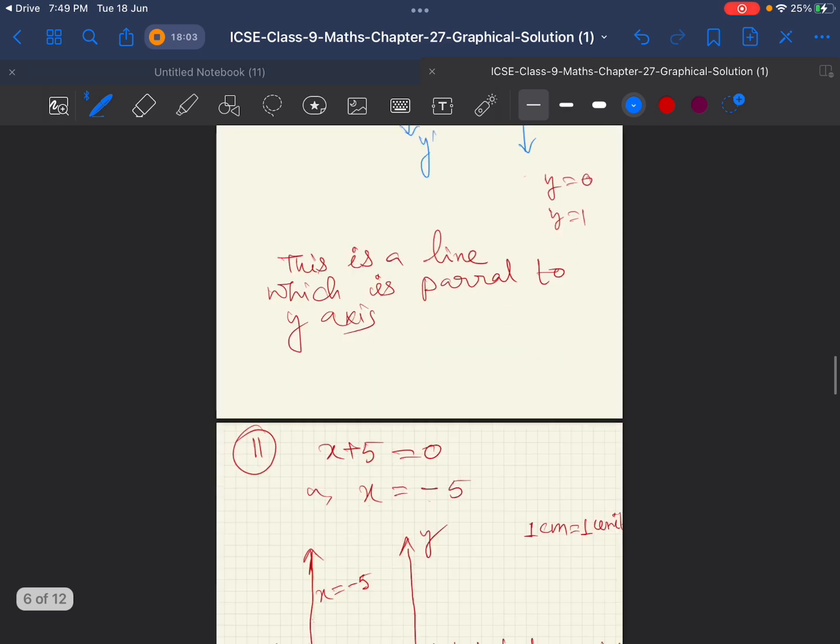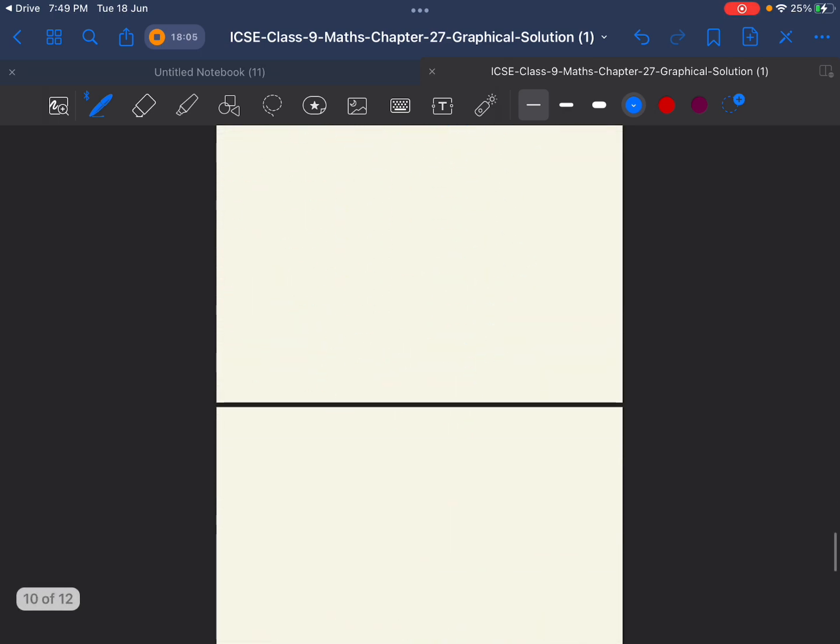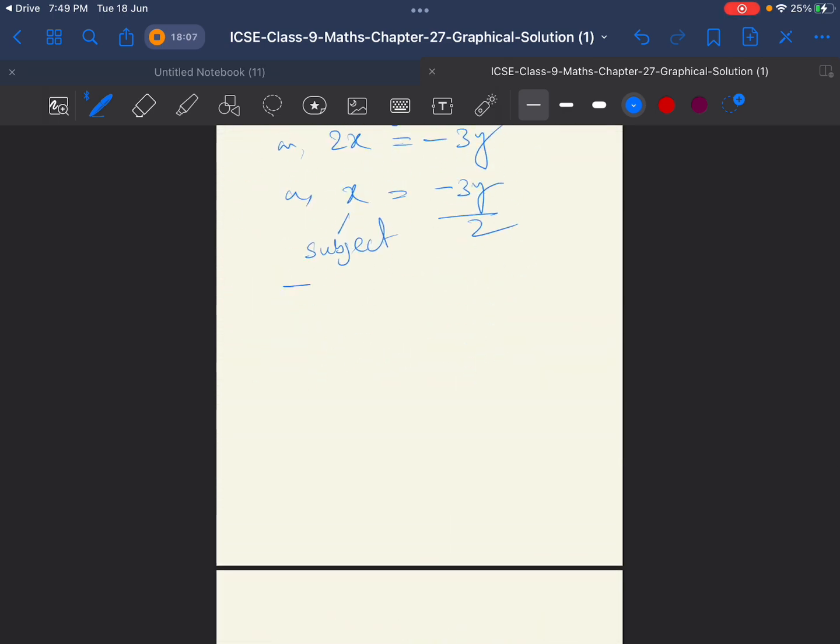Now we construct a table. Here the table is x and y.